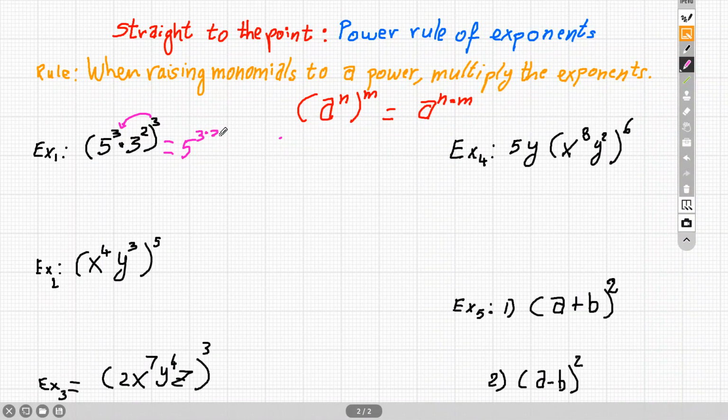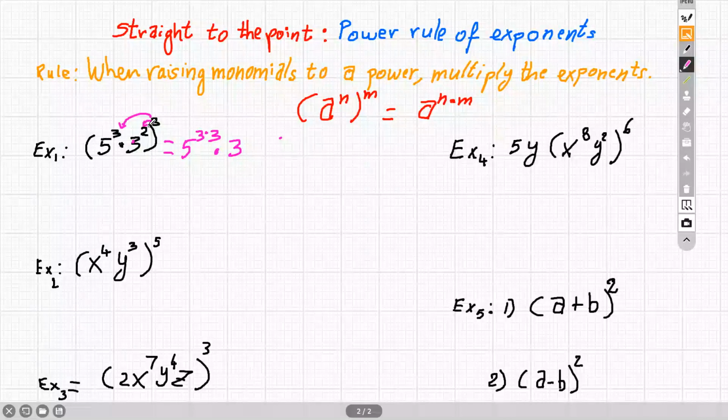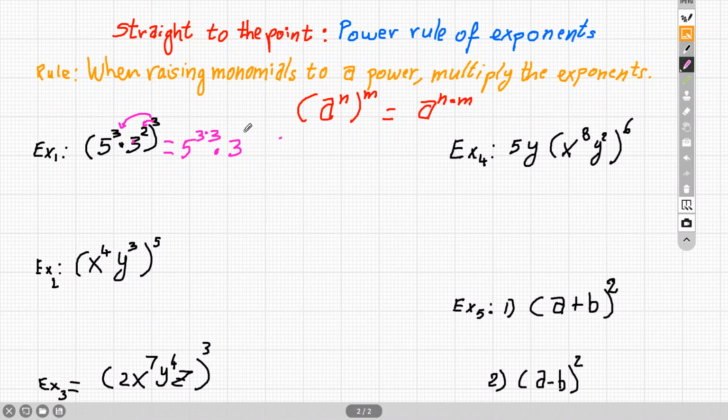3 times 3, okay, times 5 to the power of 2 times 3. So I'm multiplying this 3 by each one of these exponents inside the parentheses. So 2 times 3. Okay.